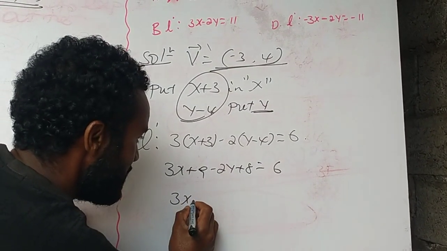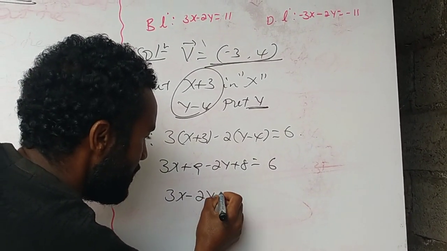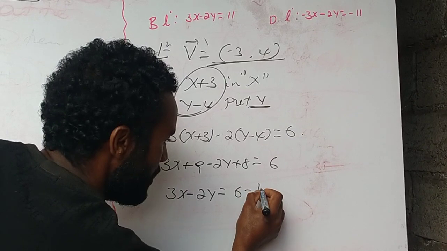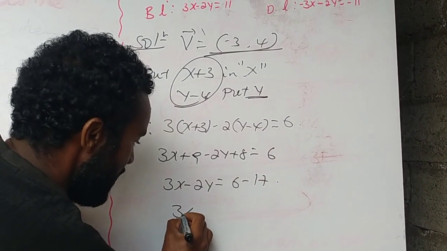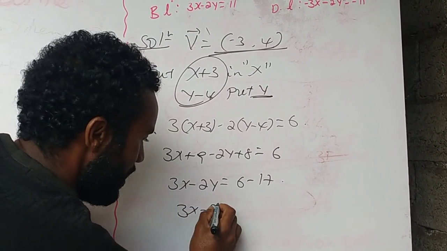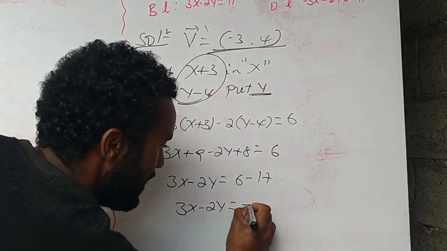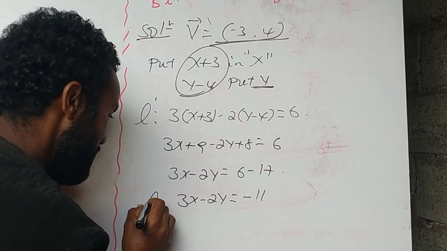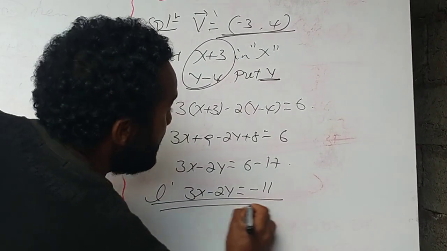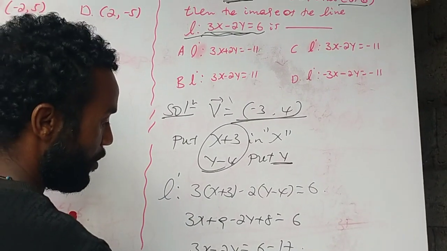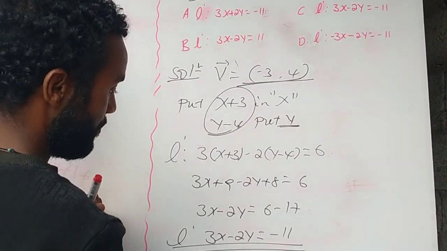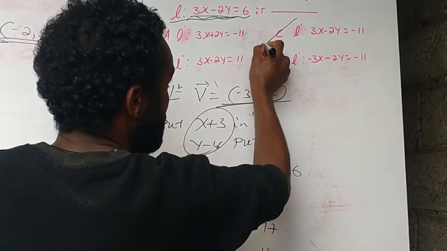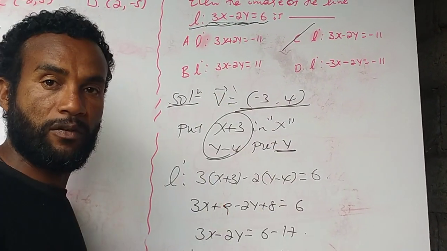Then 3x minus 2y is equal to 6 minus 17. Therefore 3x minus 2y is equal to minus 11. This is L prime, the image of this line. Therefore the answer is C. Okay, thank you.